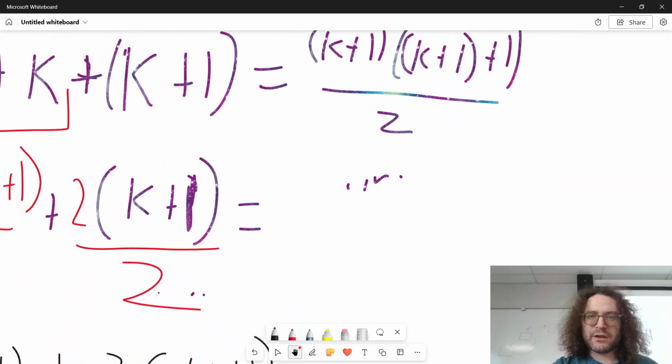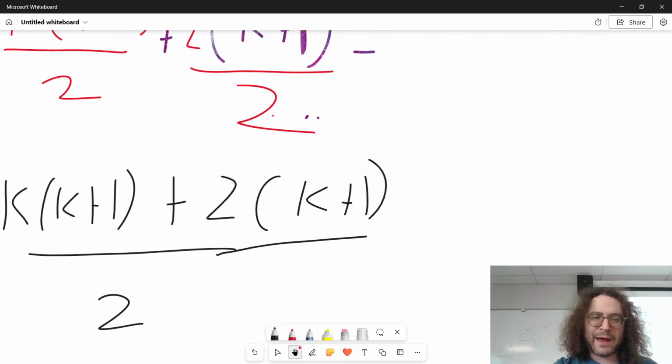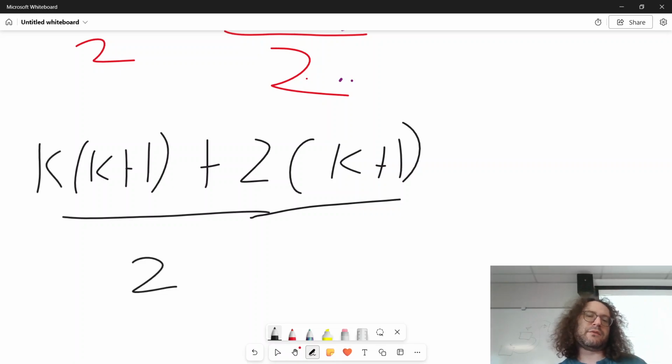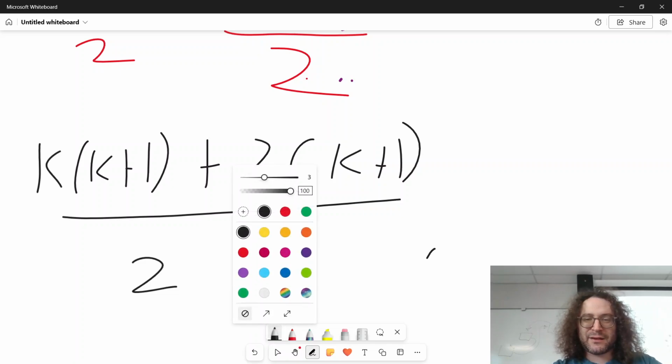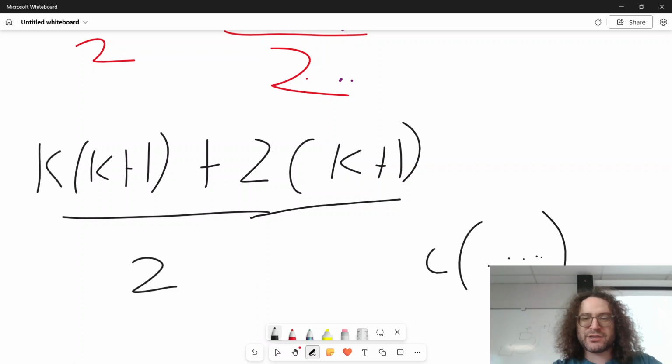So let's see. We've got that. And now to get it working, we do some weird manipulation. We pull out a common factor. And typically when we do that, we're pulling out the thing that's not parenthesized. If you have something like c being the common factor, then you have an equation, and then you have plus c in another part of the equation.